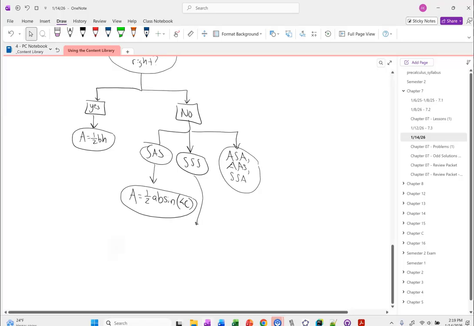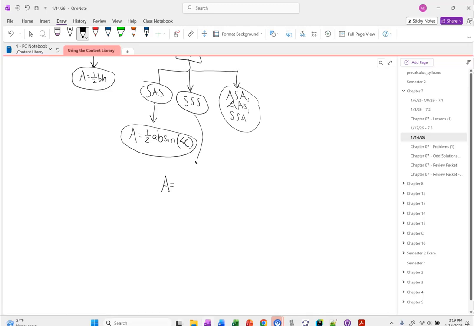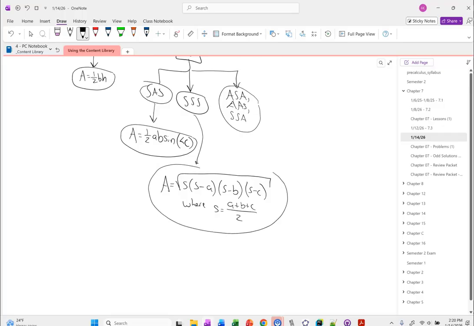If you have side, side, side, our formula is, let me just double check to make sure I write that down. We have a side, side, side situation.